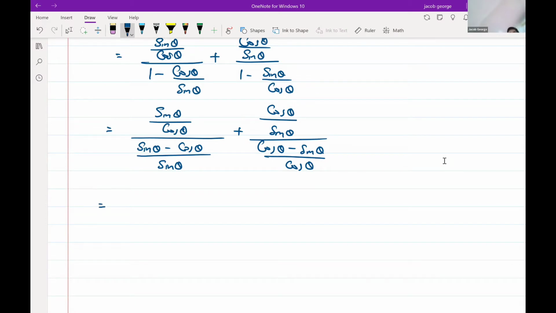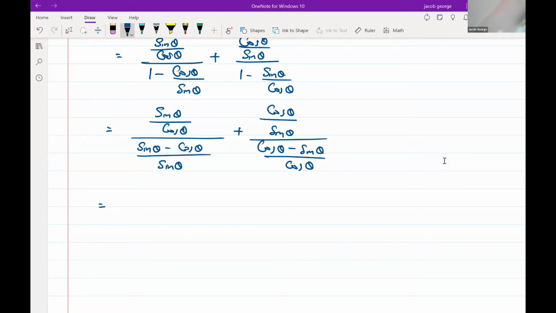So this is because 1 is 1 by 1. Sin theta is a common denominator. So first fraction multiplied by sin, so it becomes sin theta minus cos theta all divided by sin theta.